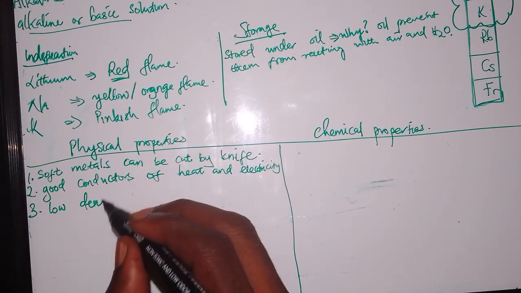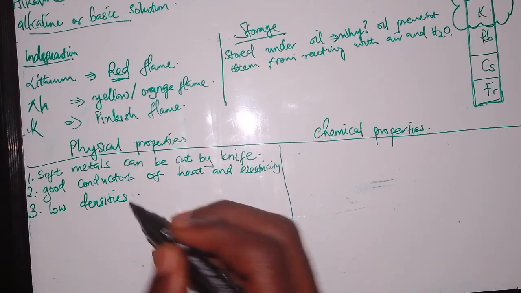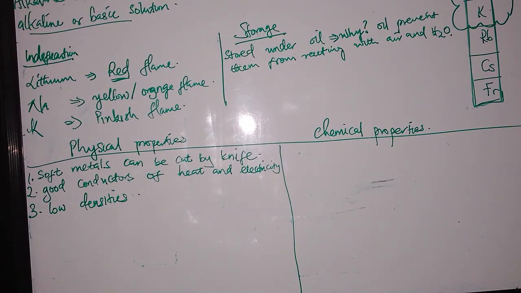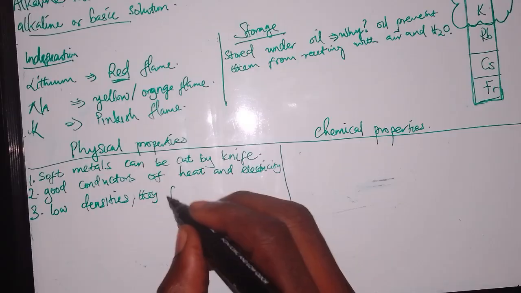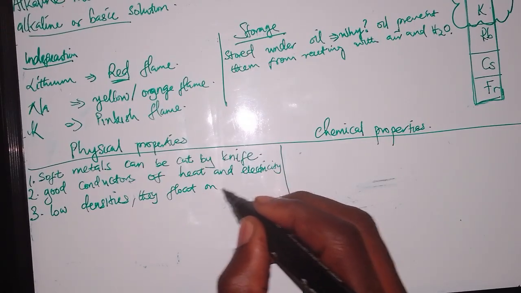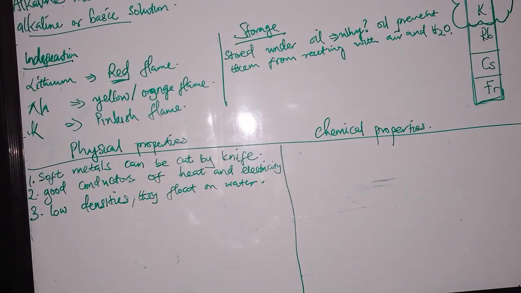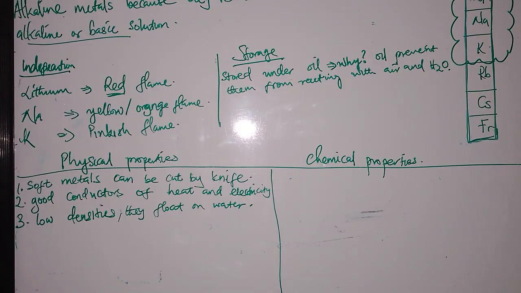When we say they have low densities, we mean that their density is very low, that they float on water. Whenever you get lithium, sodium, potassium, rubidium, they will float on water. These properties I'm telling you are the properties which would distinguish each group from the other.